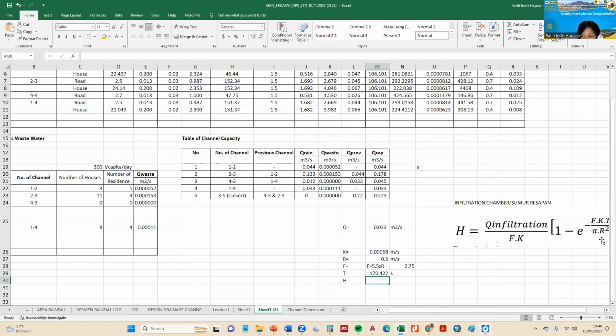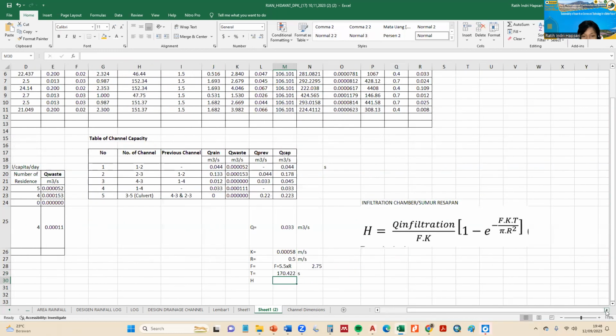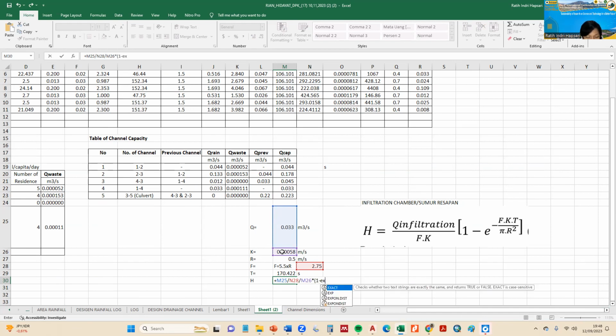So H, the infiltration chamber size or the depth, equals Q infiltration divided by F divided by K times 1 minus exponential minus F times K times T divided by pi divided by R power 2, and then close.